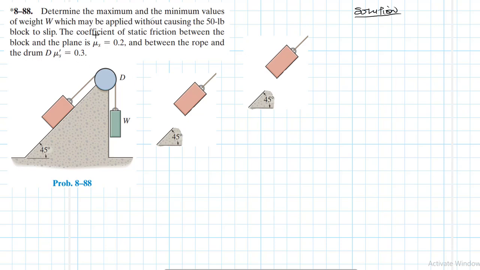So we have been asked to determine the maximum and minimum values of the weight W, which may be applied without causing the 50 pounds block to slip.